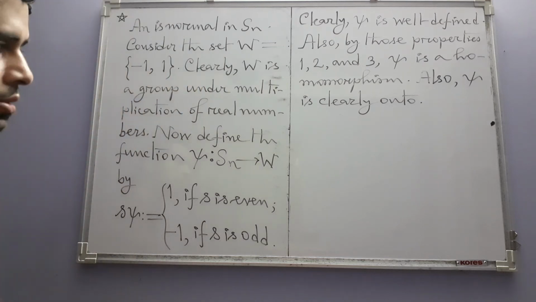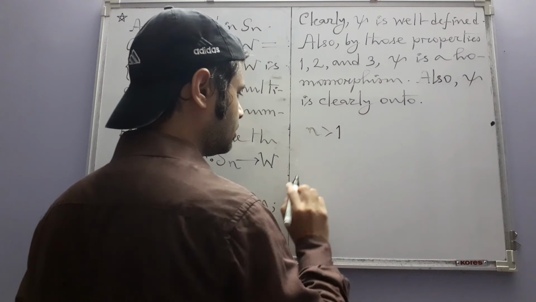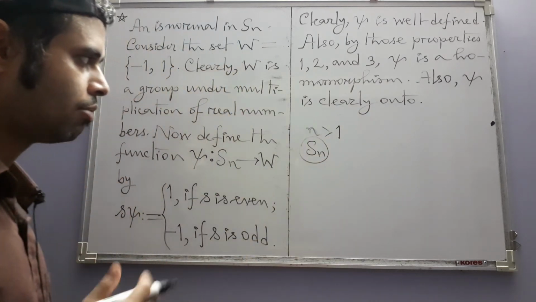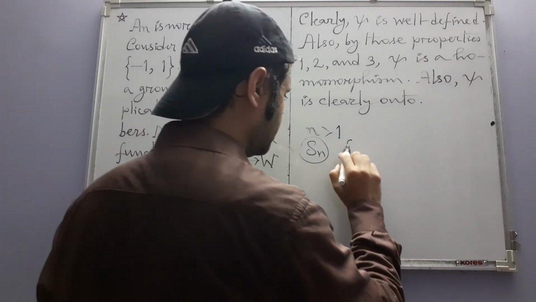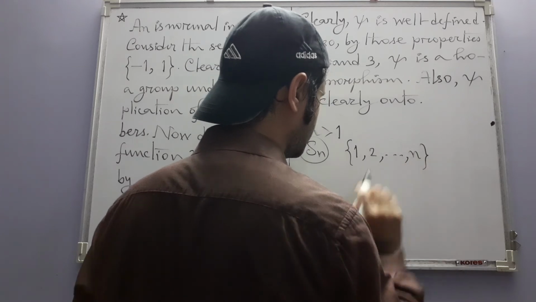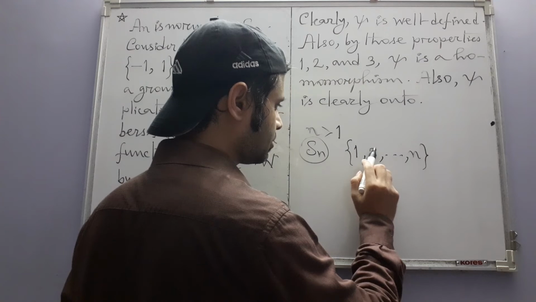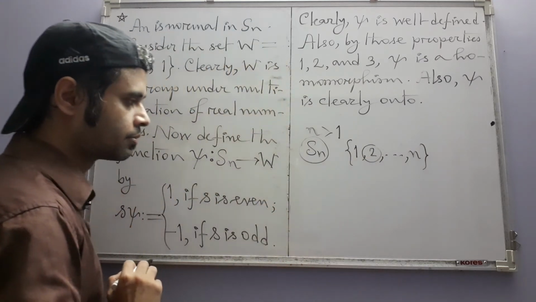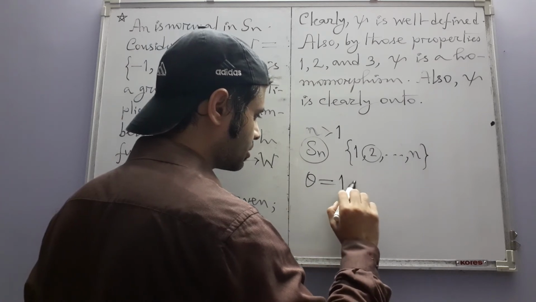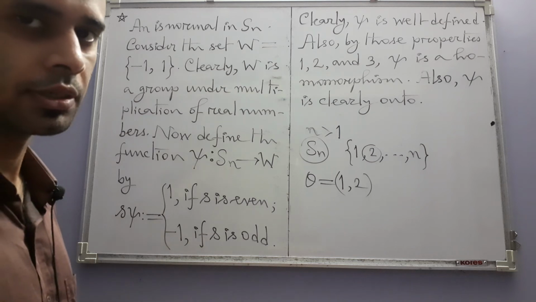If n is greater than 1, then the elements in Sn are permutations of what set? Of this set of n symbols, right? Now, because n is greater than 1, in the smallest possible case also you have at least 2. So that means you can consider this permutation, which is just a transposition.